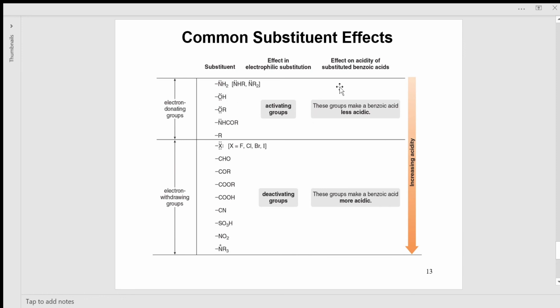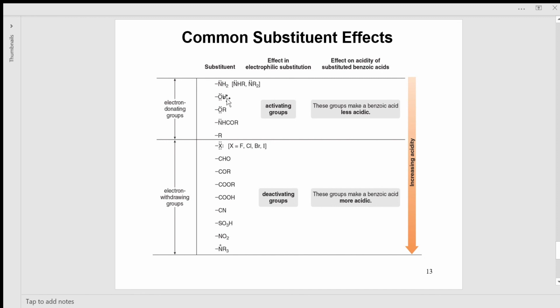This table we already learned in chapter 16. Basically, the electron withdrawing groups and electron donating groups. Again, I cannot ask you because it's not easy to remember each atom, each group, and their order.